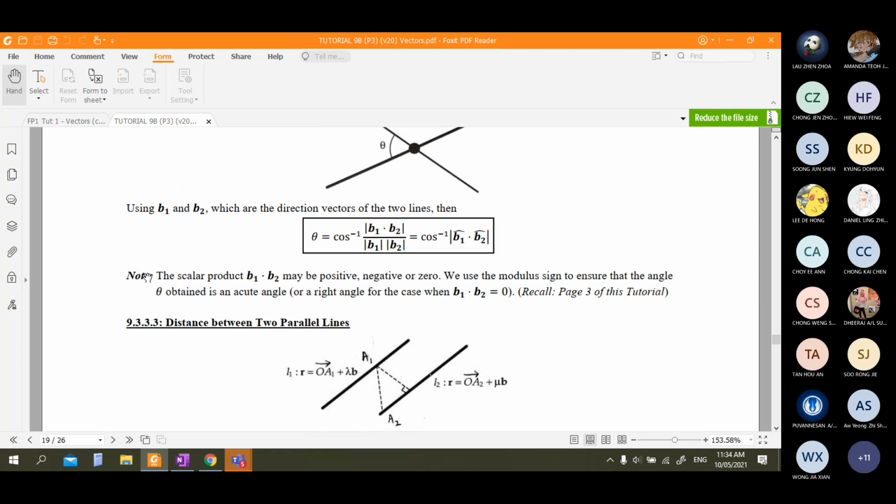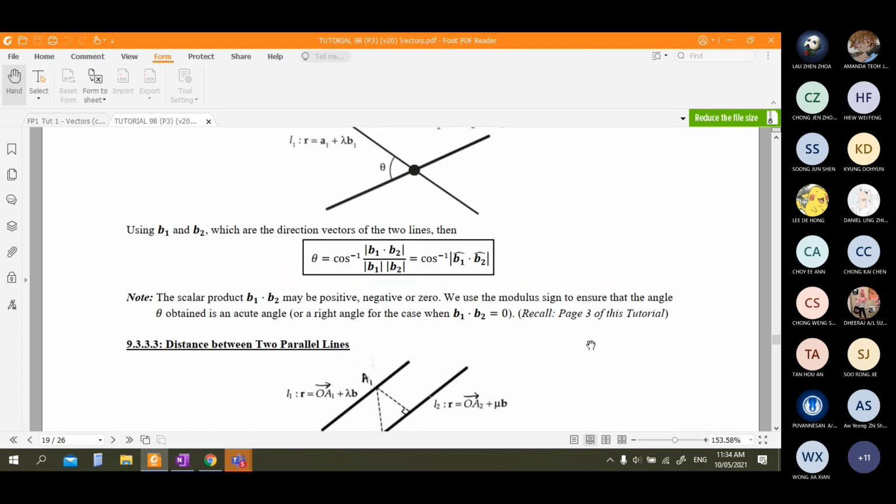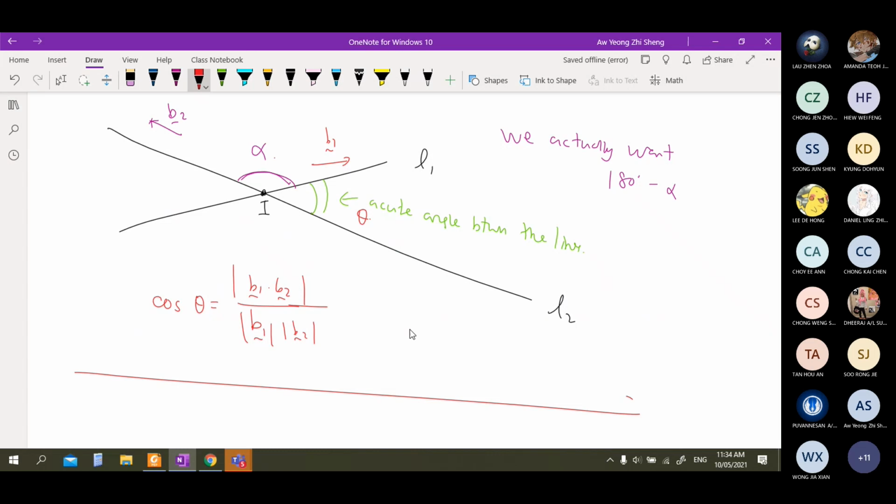Right, the final note down here: the scalar product b1 dot b2 may be positive, negative, or 0. We use the modulus sign at the numerator to ensure that the angle theta obtained is an acute angle. That's why the formula is a little different from what we learned earlier when we found the angle between two vectors, because this time we want to ensure that the answer is acute.